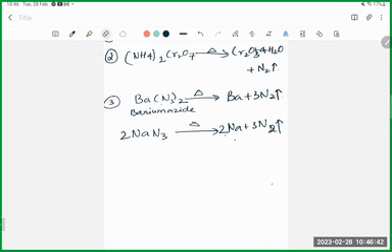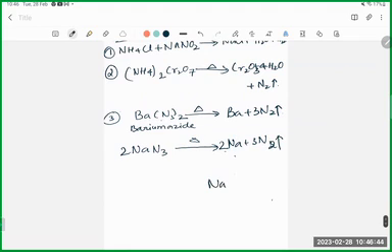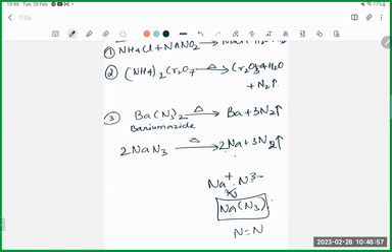Got it? Sodium azide, only one sodium ion and azide 1 minus, so it is NaN3. Here the crisscross will not work because three nitrogen atoms are taken in the azide. That's the reason.